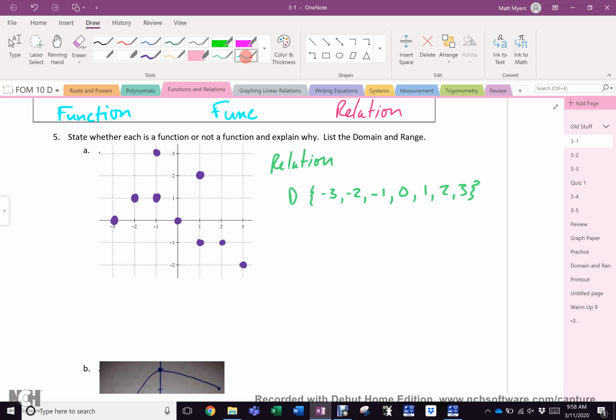What are the range values? Don't say it out loud, just write it out. Remember, we put the lowest one first. Where do we find the lowest range values? The top of the graph or the bottom? Bottom. So what's the lowest range value you see?